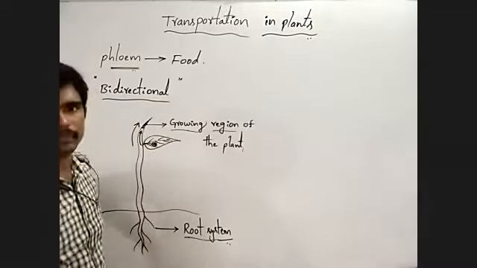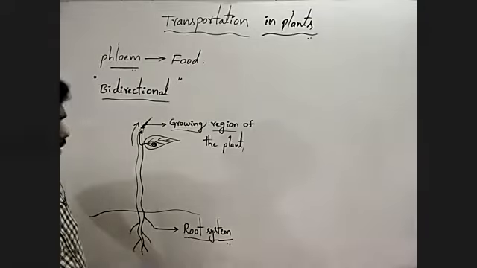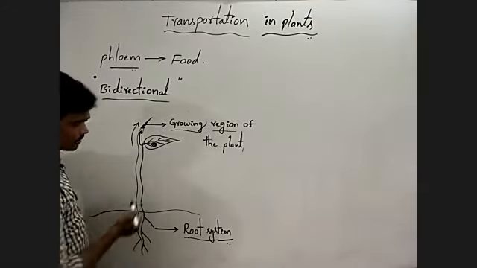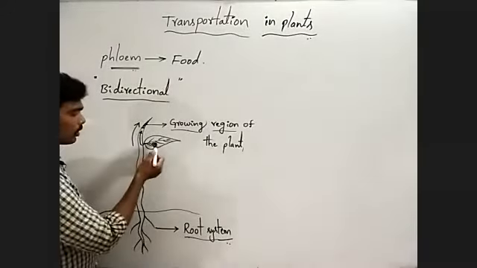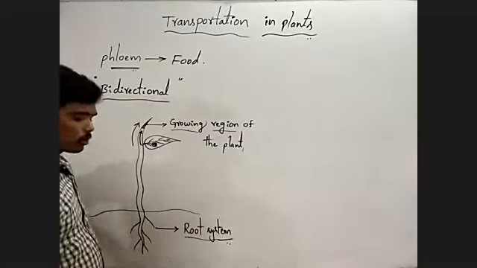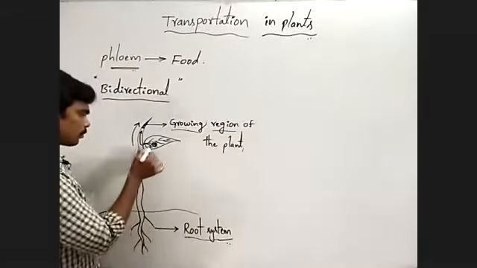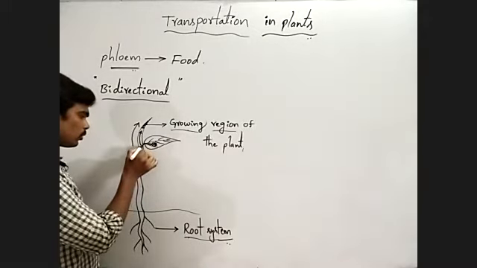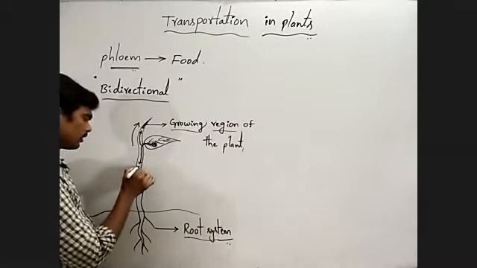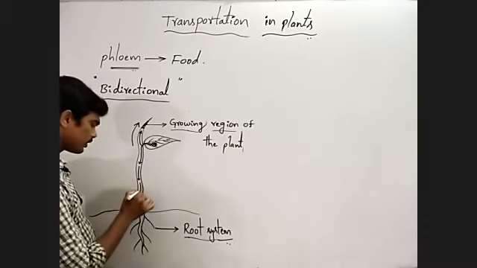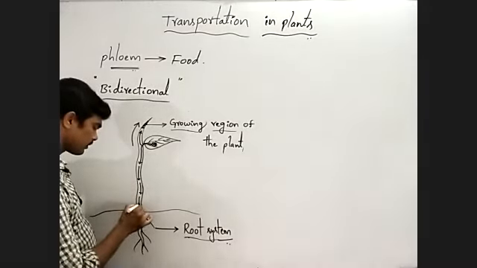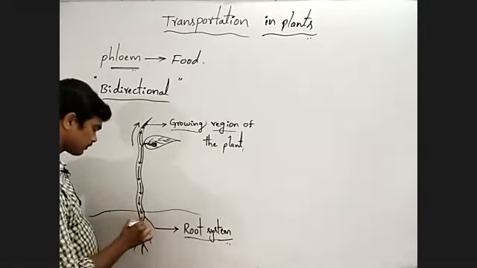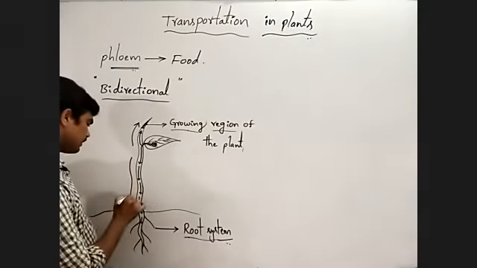To reach the root system, food material has to be transported in the downward direction, in this direction.